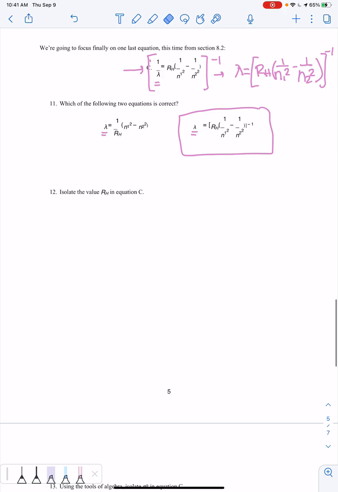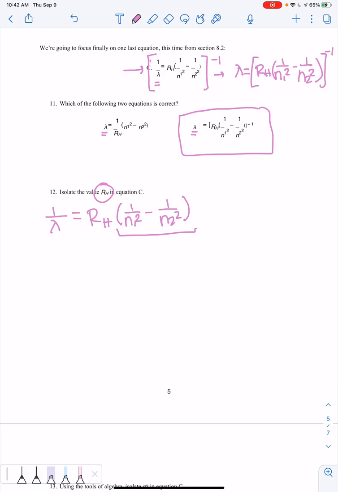So now for number 12, it wants us to isolate the value R_H from equation C. So we're just going to write equation C again. And what we have is R_H multiplied by this big parentheses. To get R_H alone, we want to divide both sides by everything in the parentheses.